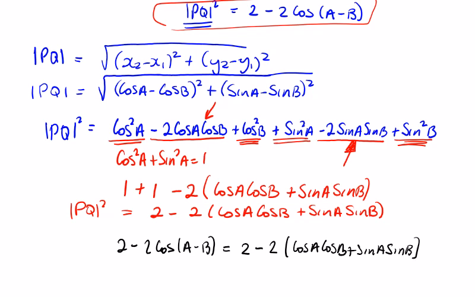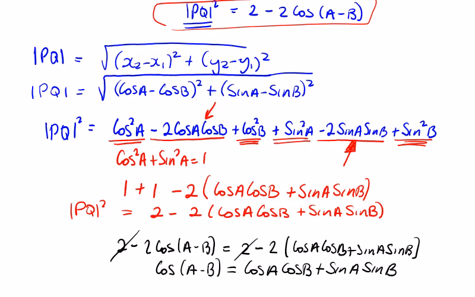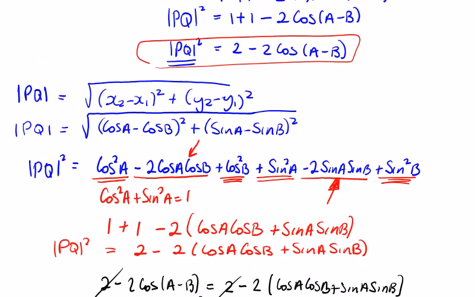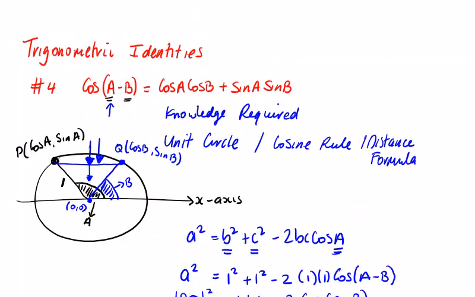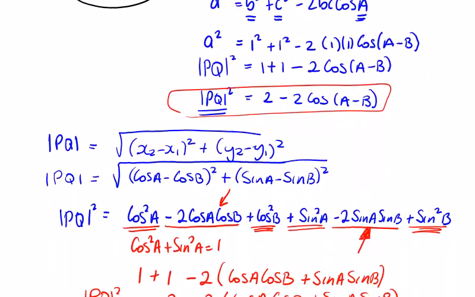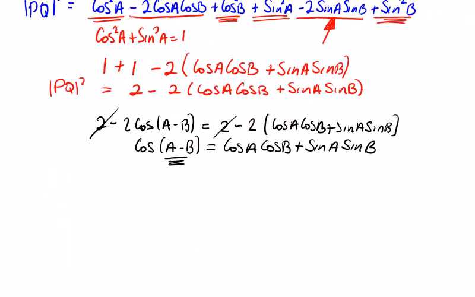You're going to see that we're going to take 2 from each side and divide by minus 2, which is going to leave cos(A minus B) equal to cos A cos B plus sine A sine B. So just double check, cos(A minus B) is the plus on the right hand side. Cos(A minus B) is the plus, and cos(A plus B) is a minus on the other side. So we can just finish that off by saying QED. So practice this trig identity number 4 and you'll get brilliant at it.